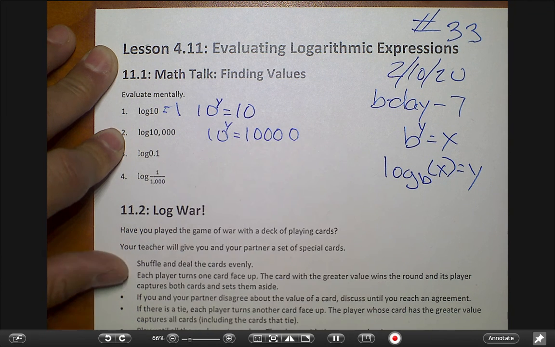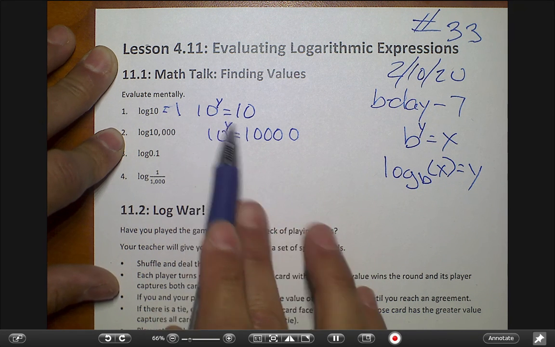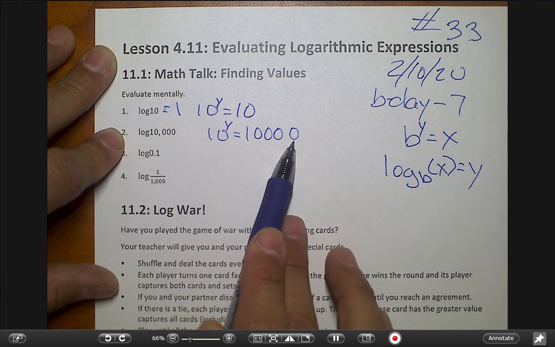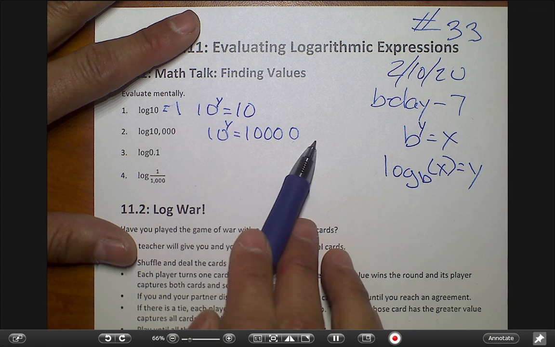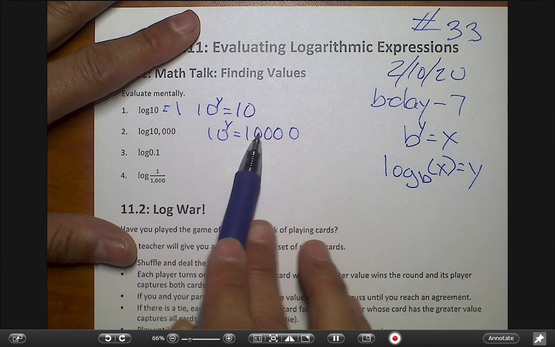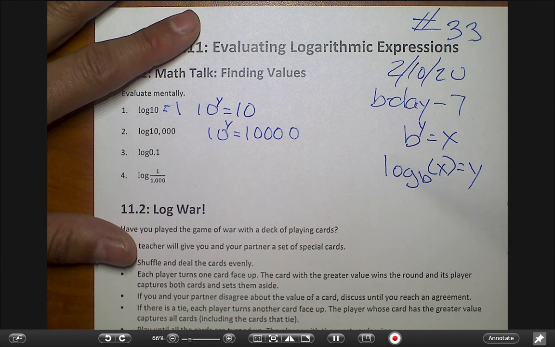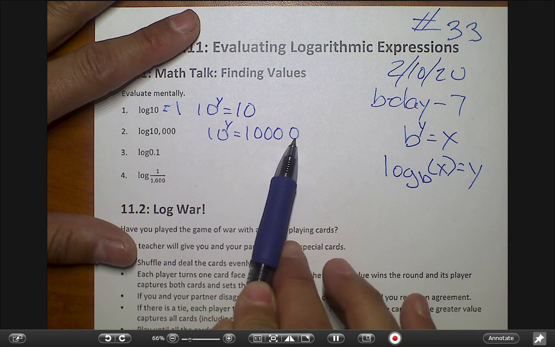So I'm looking for the y. 10 to some power is going to give me 10,000. It's 4, isn't it? Because 10 to the 4th power is 10,000. 1, 2, 3, 4 zeros. So 10 to the 4th is going to give me this.